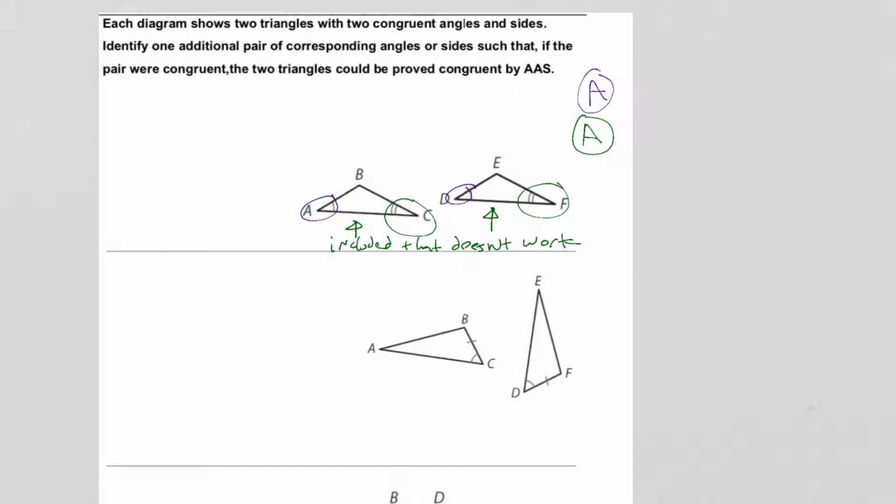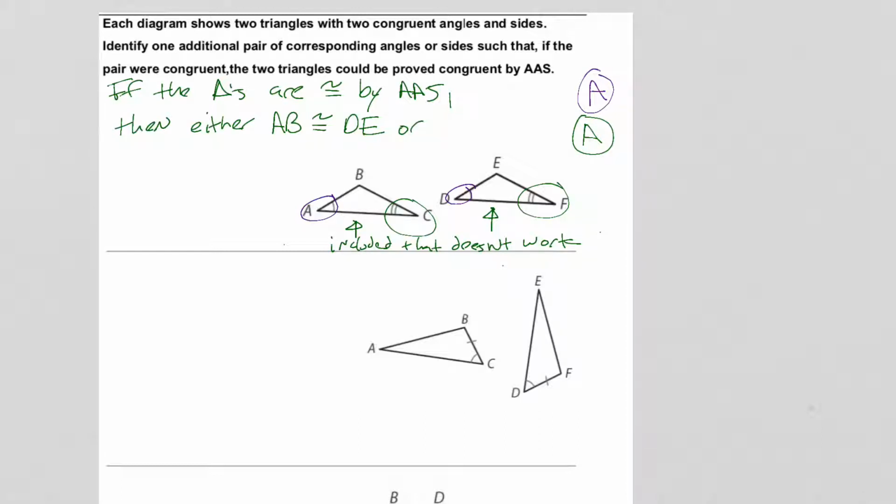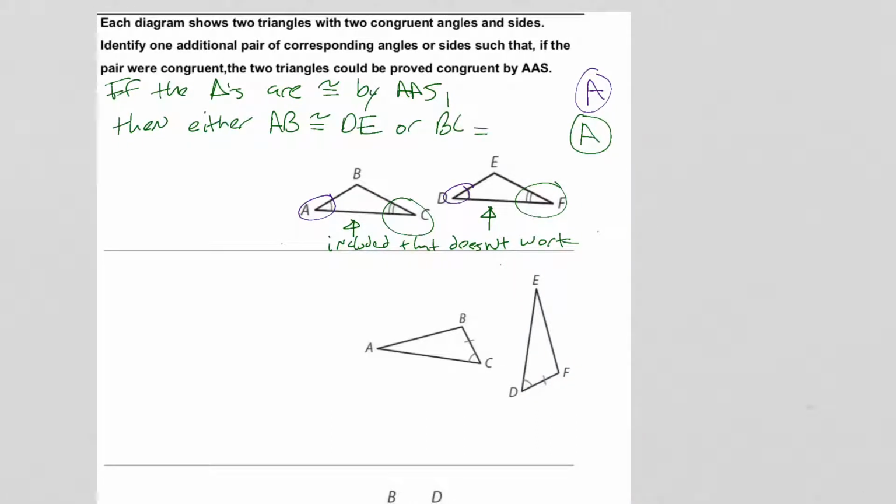Right, I can't use the included side. So I would need to know that if the triangles are congruent by the angle side theorem, then either AB, which is the non-included side, is congruent to DE, or BC would be congruent to EF.